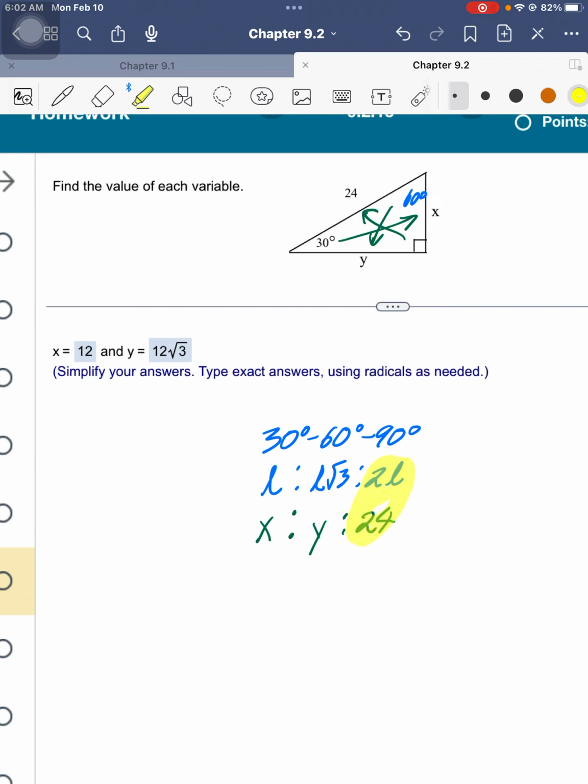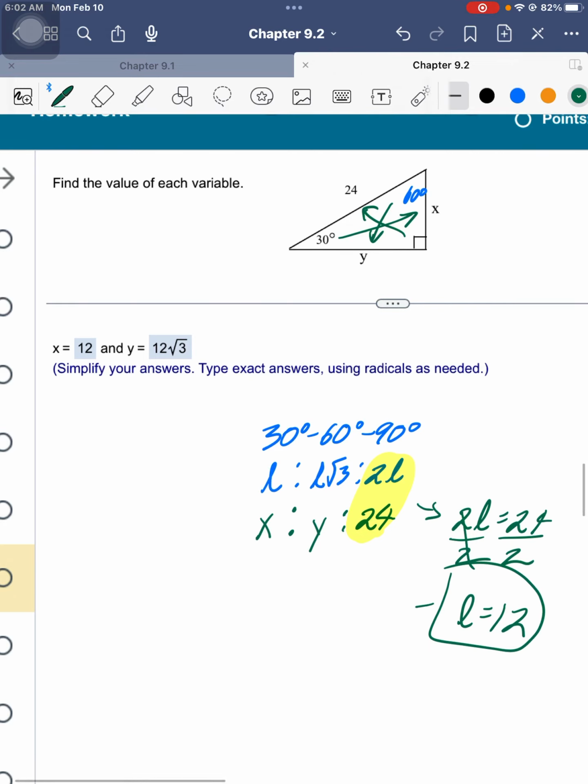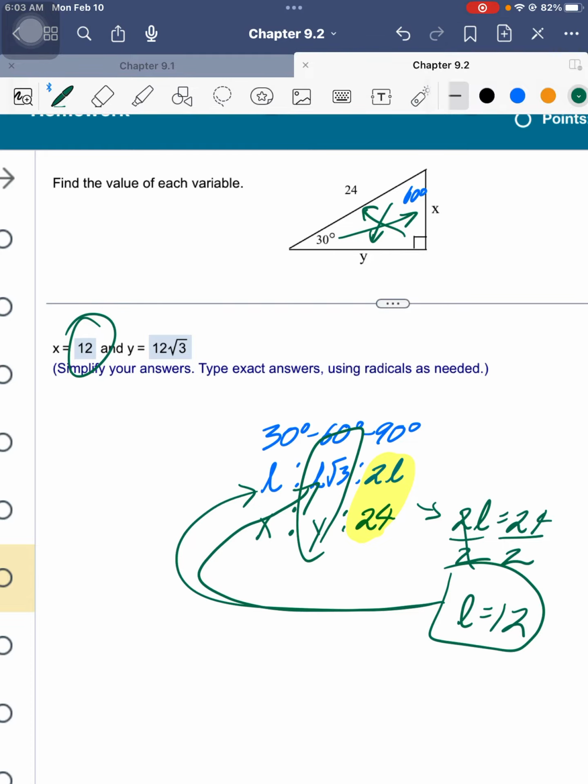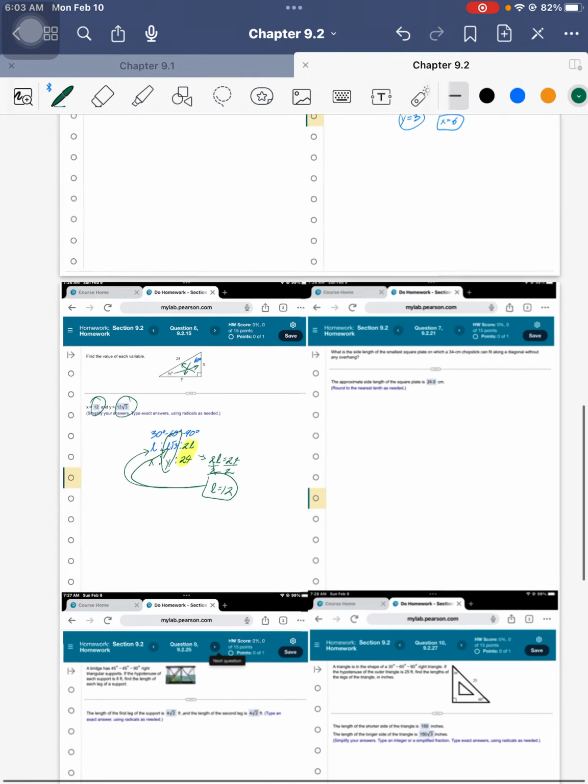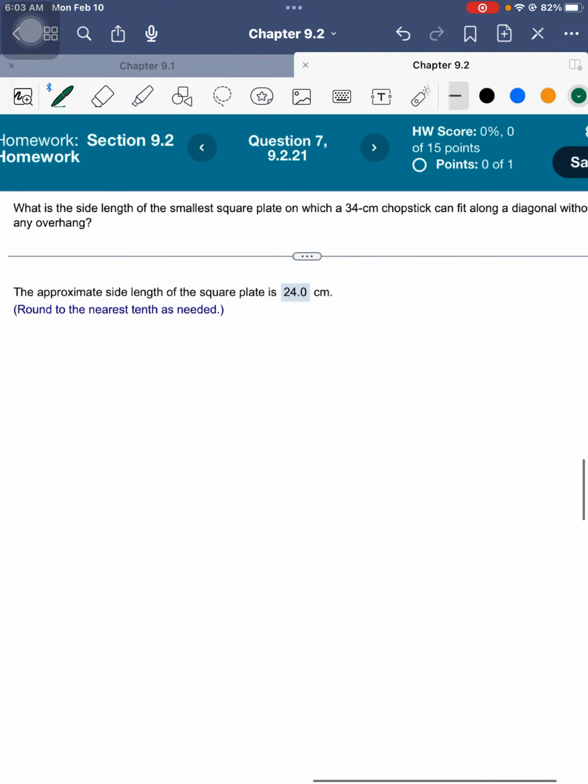So the one that I can set equal to help me find L is this one. So now 2L is equal to 24. Well, that's pretty simple, right? Isn't L just 12? And if L is 12, what is x? Well, x is also 12. And that means that y is 12 square root 3. Okay?